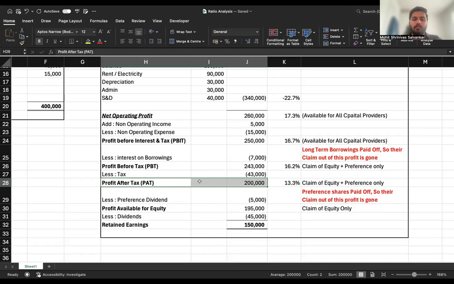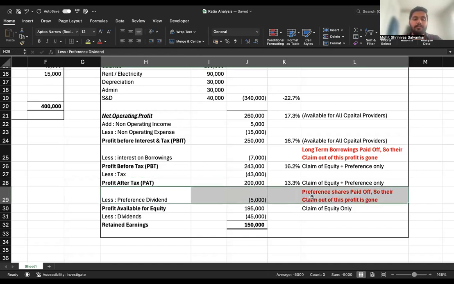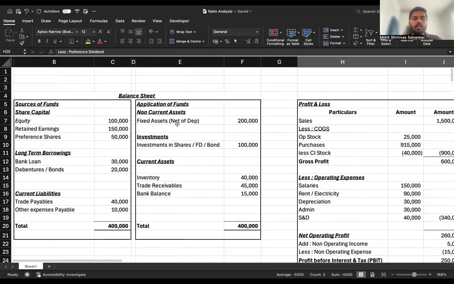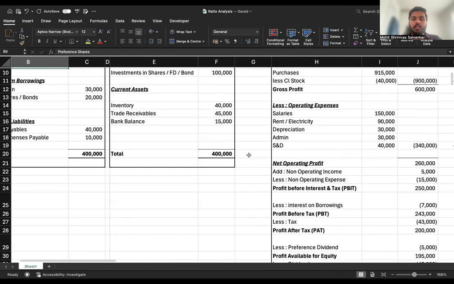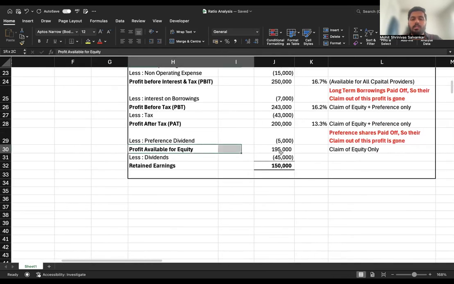Once the government is paid off, then the next right to claim the profit comes with the preference dividend. Okay. And once preference dividend is paid out, even they are thrown out of the picture. Now whatever remains belongs to the equity shareholders.